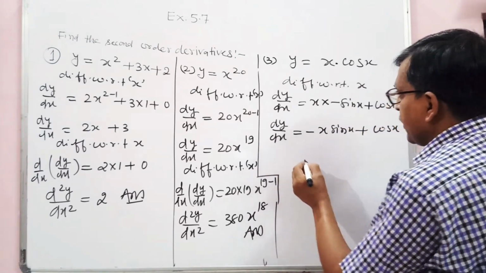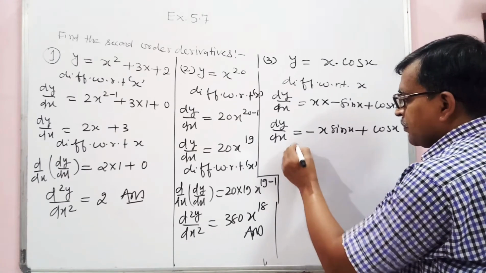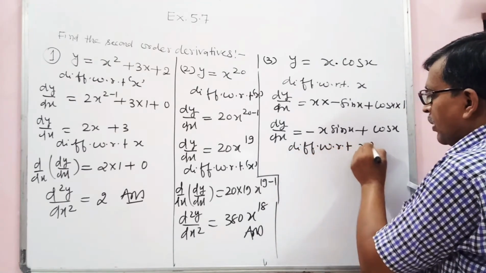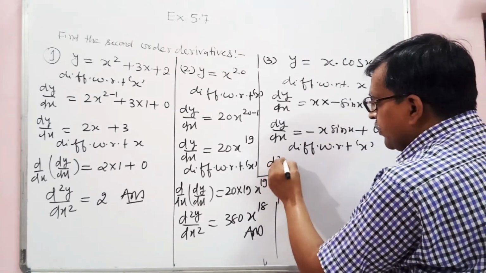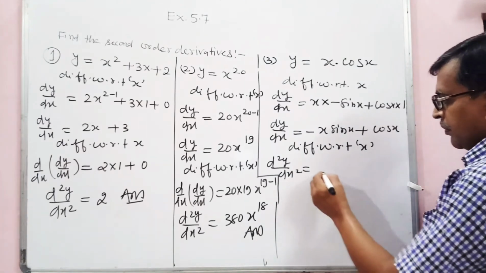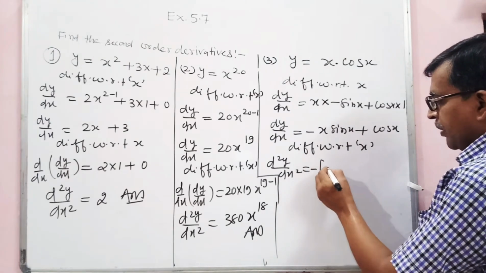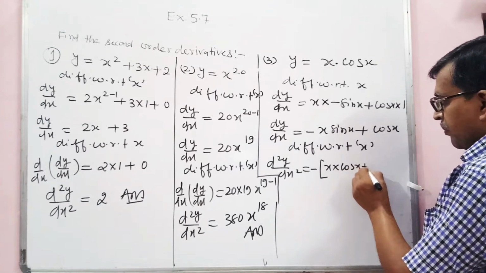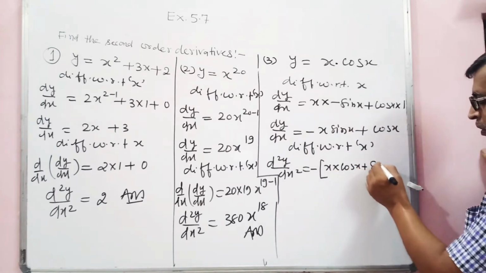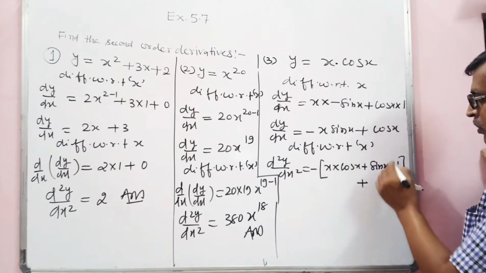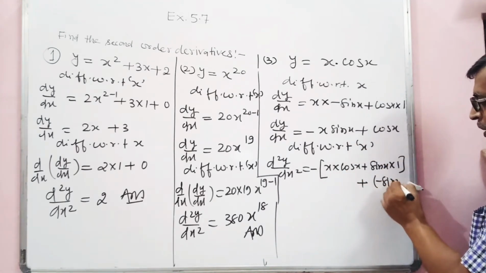Then again differentiate with respect to x. d square y by dx square: apply the product rule to x sin x, which gives x cos x plus sin x into 1, and the derivative of cos x is minus sin x.